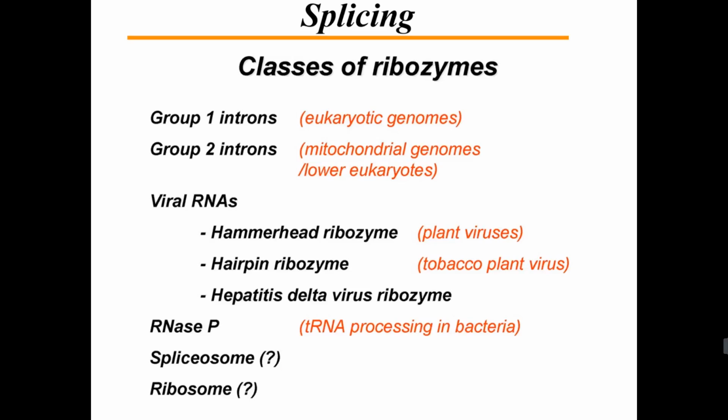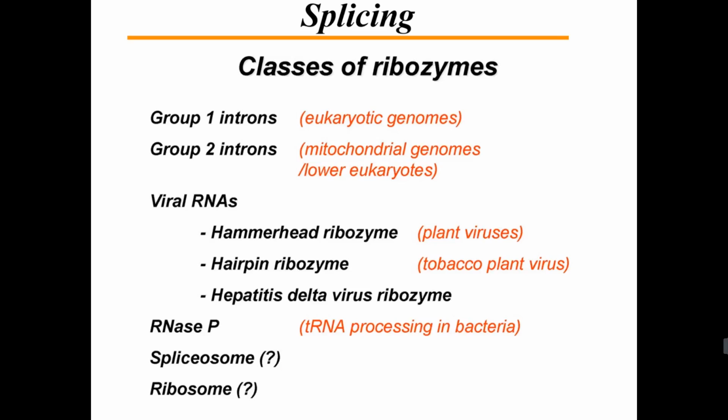Basically, they are RNA components that use RNA molecules, or themselves, as substrates for catalysis. So the group 1, the group 2, and of course the spliceosome will fall under the category or definition of a ribozyme.